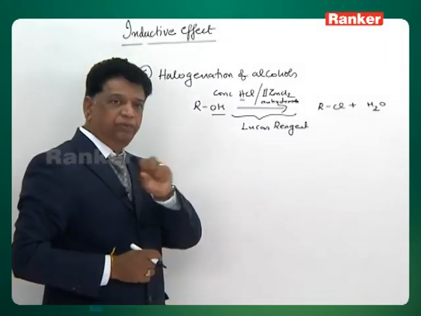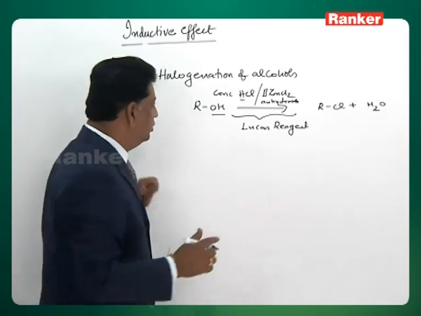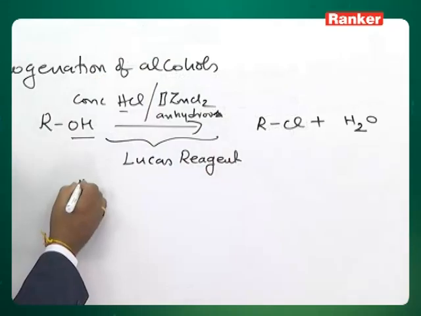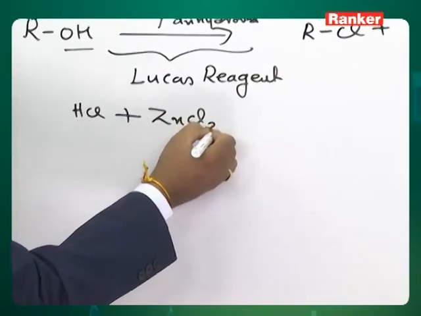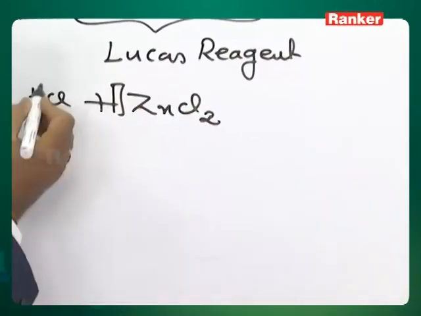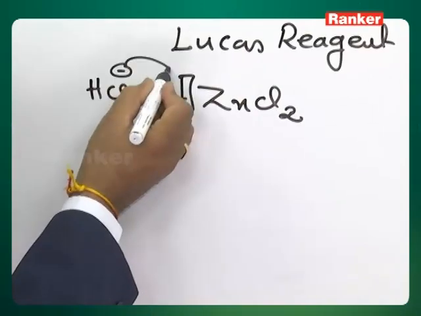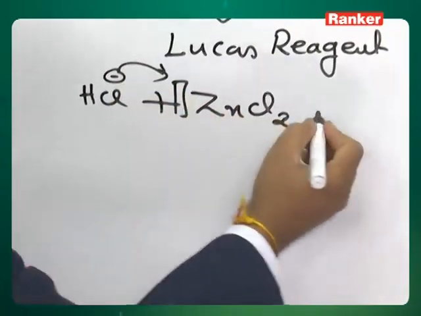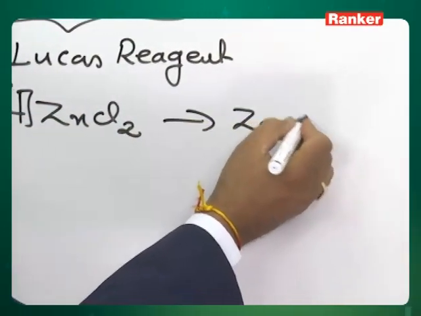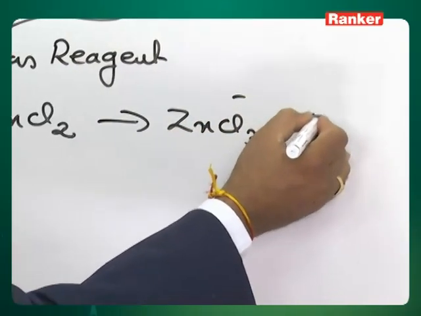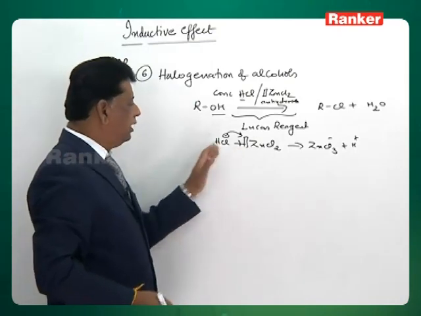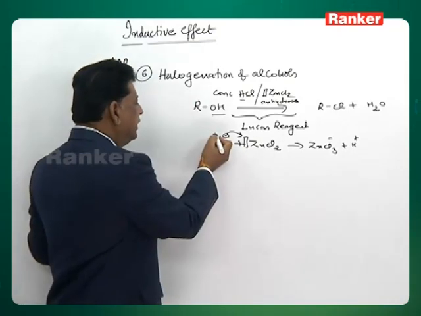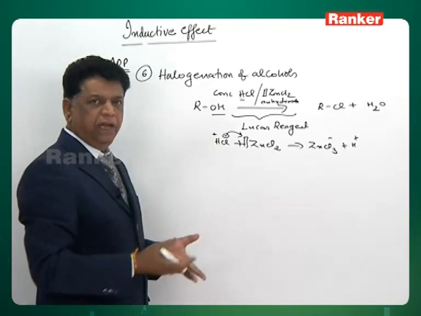But if you see what exactly the reaction goes through, the mechanism is: first, HCl reacts with the zinc chloride itself. Even without zinc chloride, HCl can ionize into plus and minus.